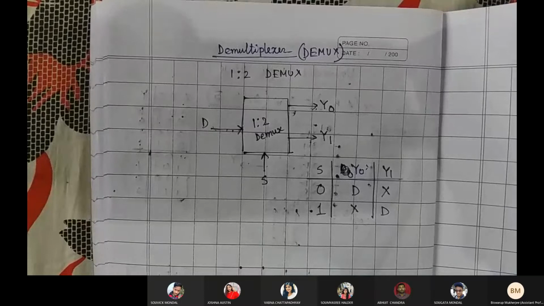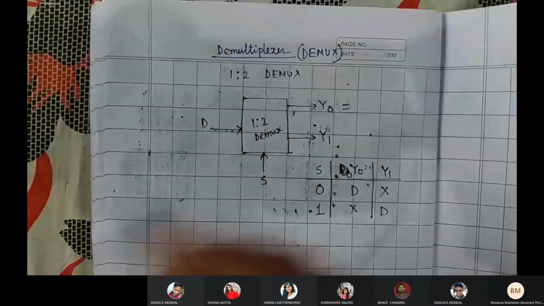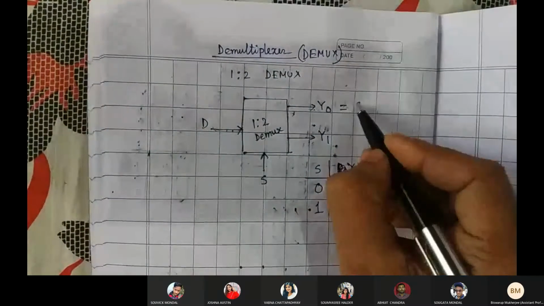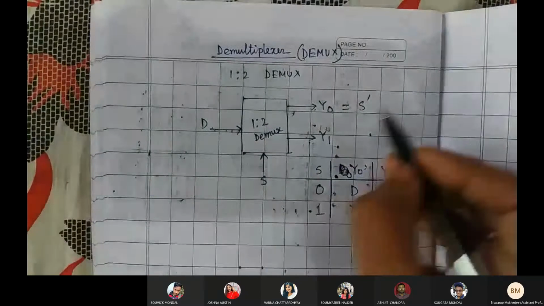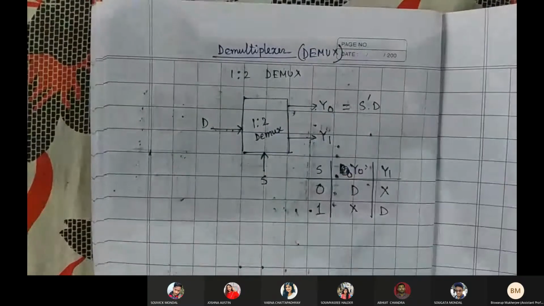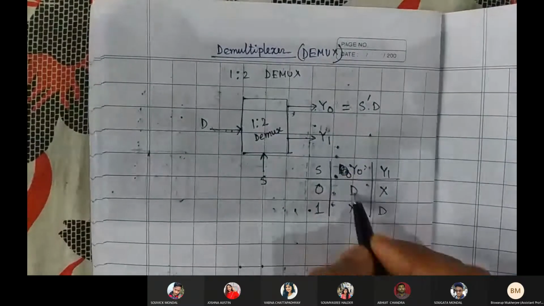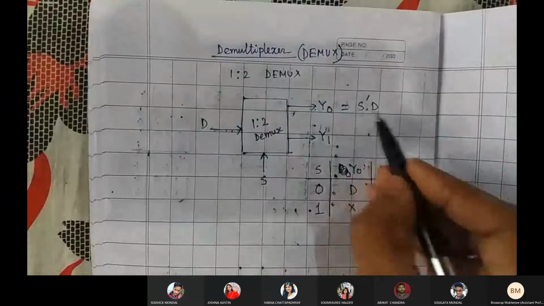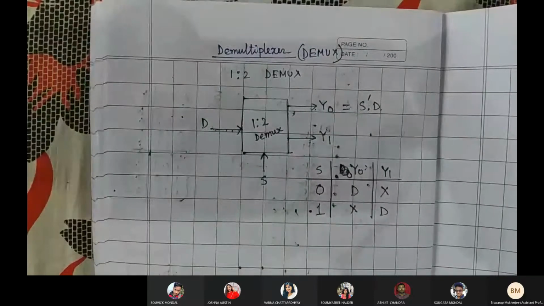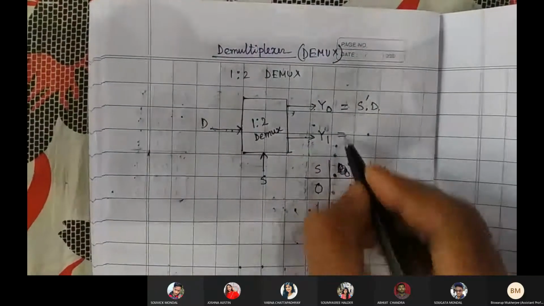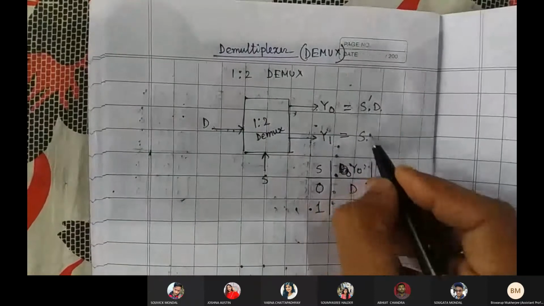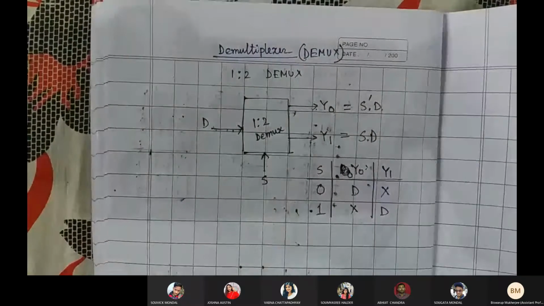So how can we write down the expressions? There are two expressions. Y0 can be written as S bar into D, right? Because it is 0 into D, so S bar dot D can be written as Y0. And similarly, Y1 can be written as S dot D, right?